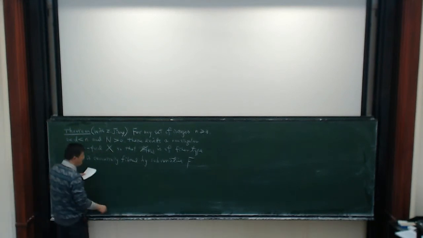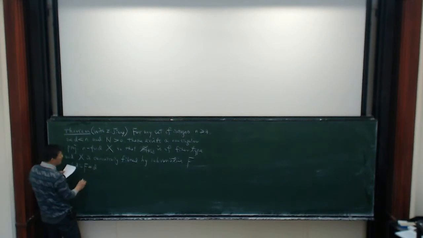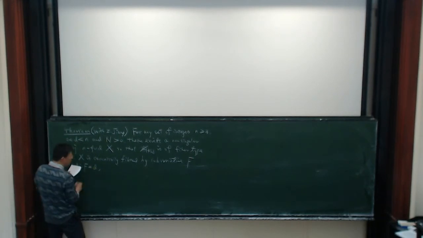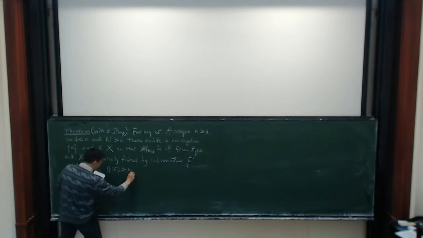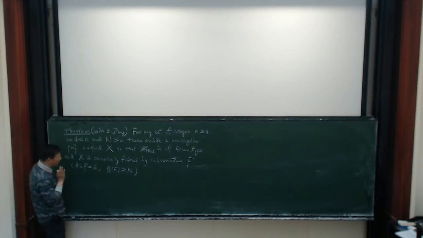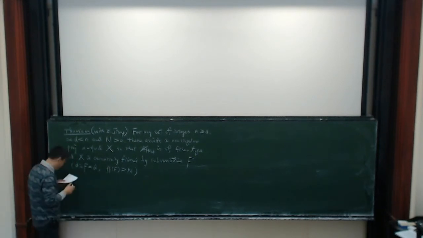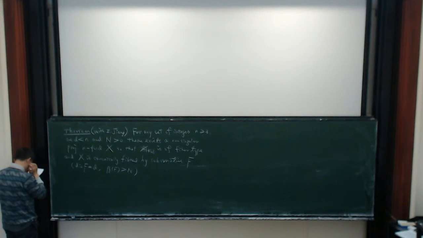Here the dimension of F is d, and the geometric genus of this fiber is larger than N. Here I should say that what I mean by p_g(F) is the p_g of the smooth model of F. Okay, this is the main statement.